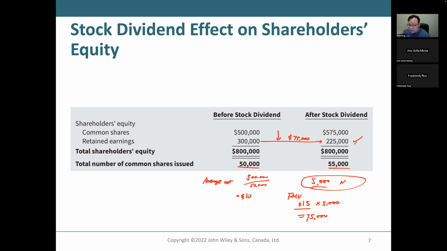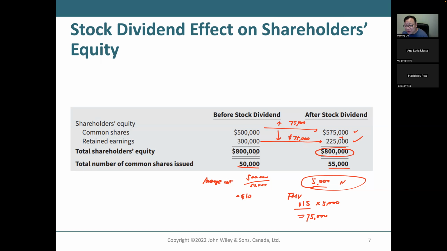Well, in the meantime, your common share increased, right? So your common share increased from $500,000 to $575,000. But if you add them up, the total is still $800,000, right?